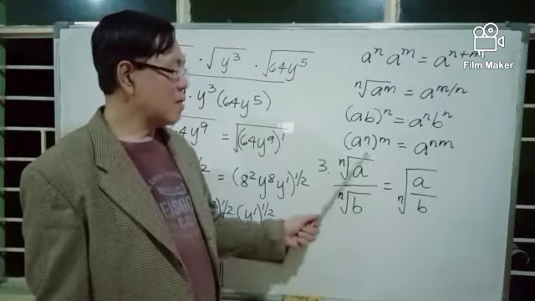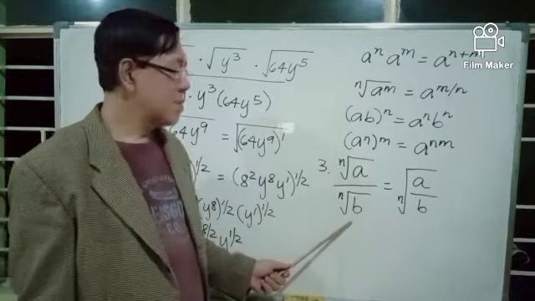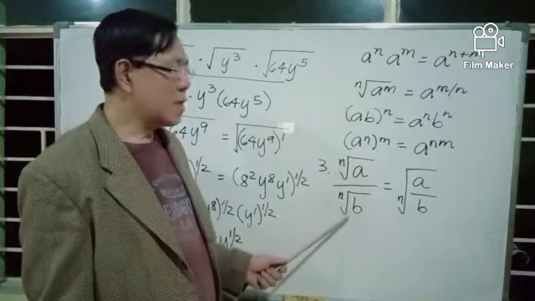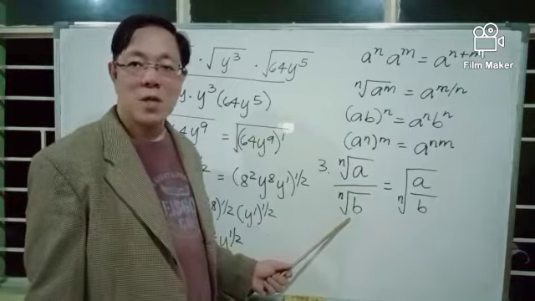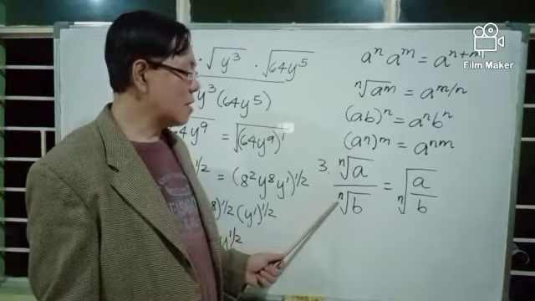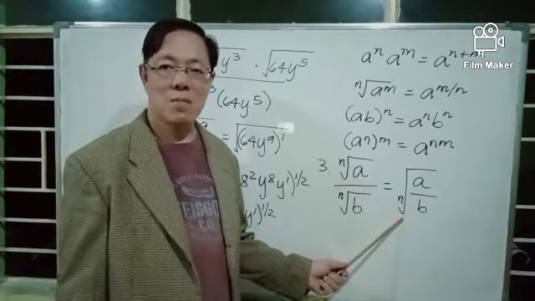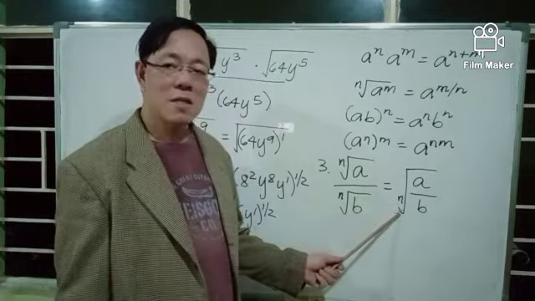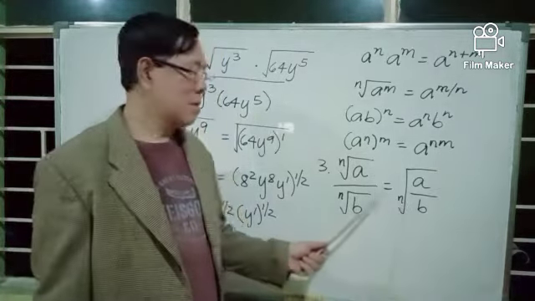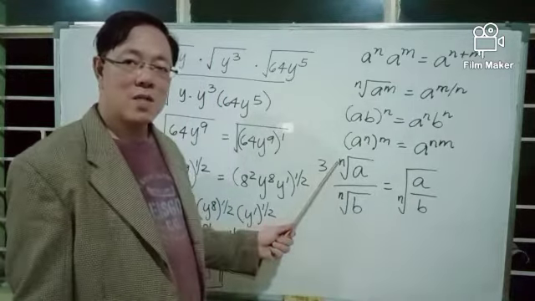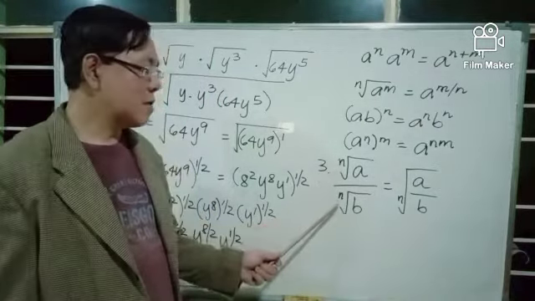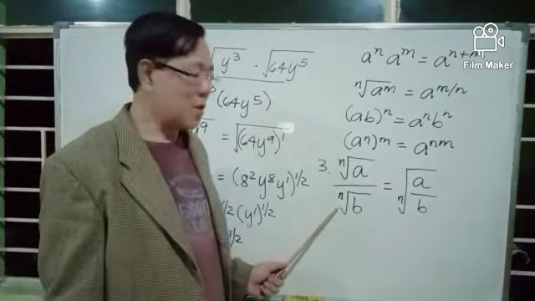If you have a rational expression of this form, where the numerator and denominator are radical expressions with the common index n, it can be written as a single radical expression whose index is the common index n of the radical expression in the numerator and the radical expression in the denominator.